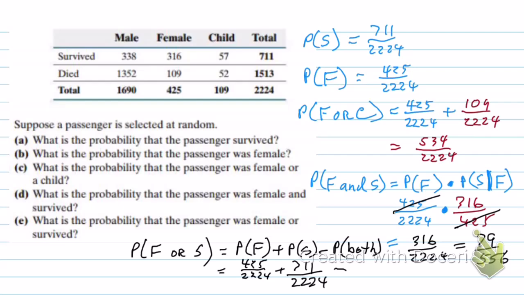Female and survival. There we go. So minus 316 out of 2224. So however those add up, what's that going to be? 1136 minus 316.